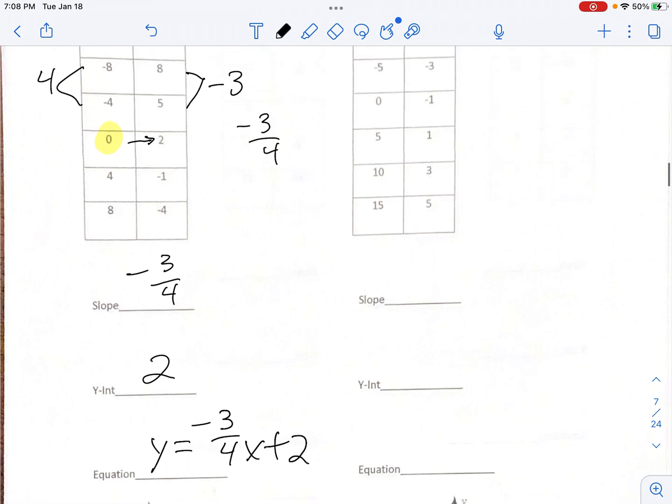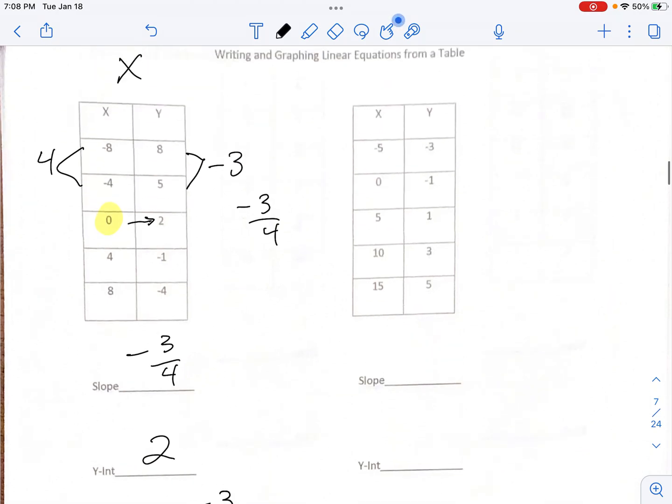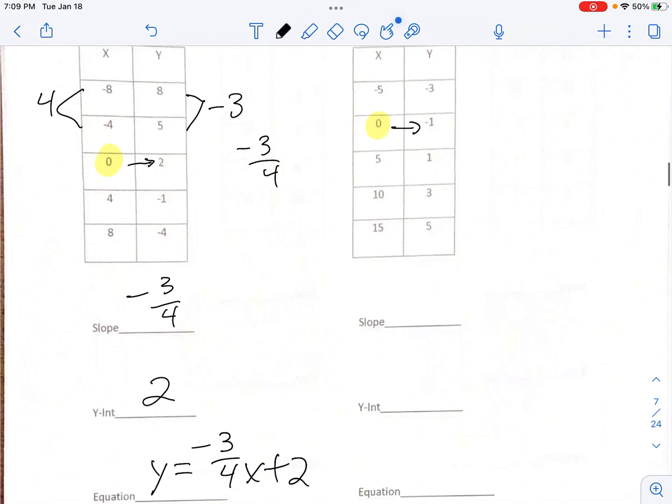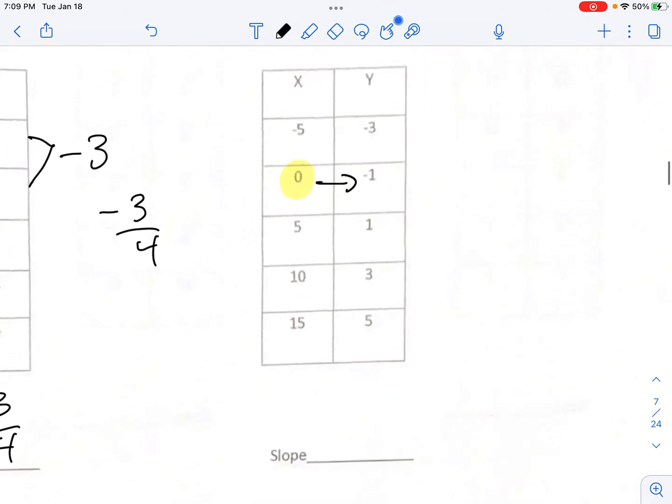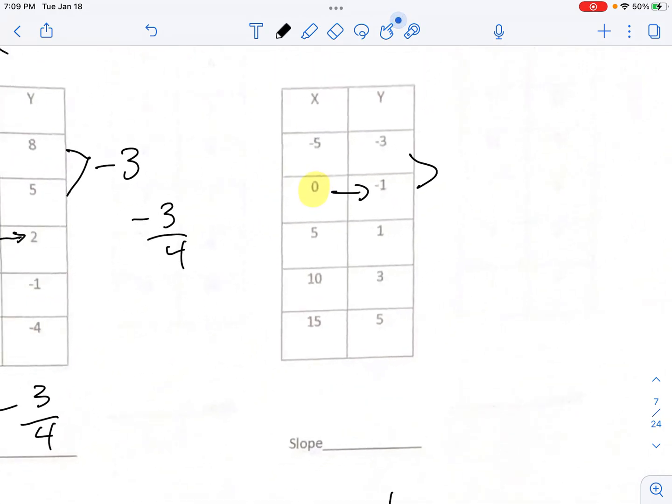All right? Next one. Find the 0 in the x column. Well, there it is right there. All right? Your y-intercept is -1. For the slope, I'm just going to use the first, well, you can use any of these dots, okay? If you don't like negatives, then use these 2 dots right here. Not really that big of a deal, okay?